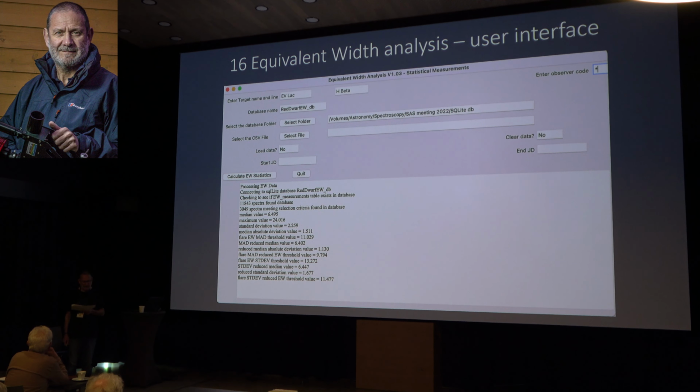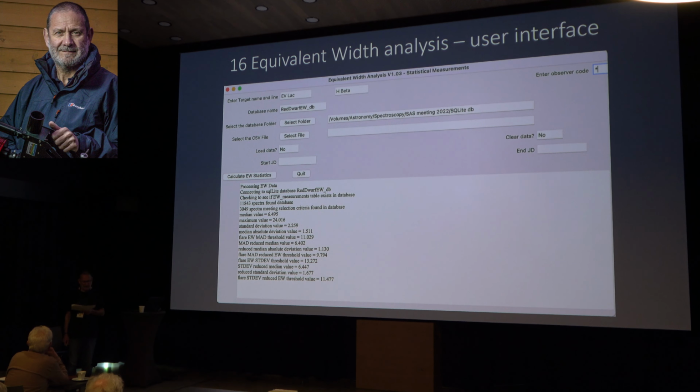Each red dot is an equivalent width measurement, and it varies quite a bit. There are over 3,200 spectra equivalent width measurements displayed in this plot, from 195 hours in 73 observing sessions.